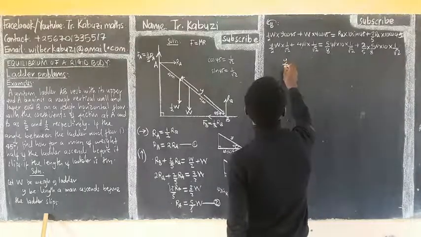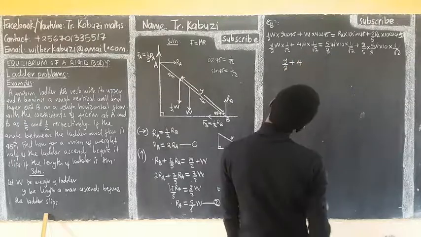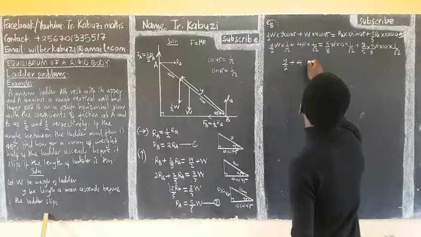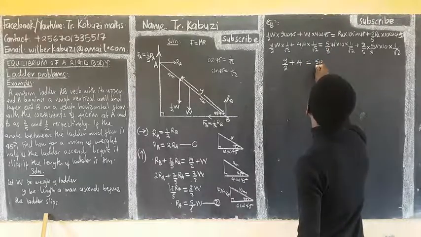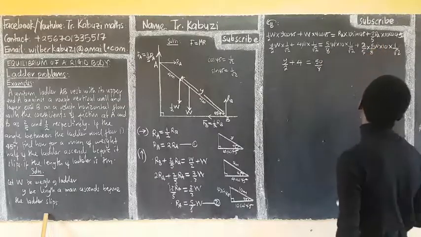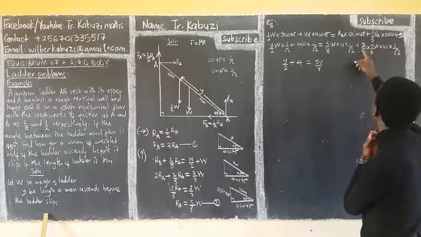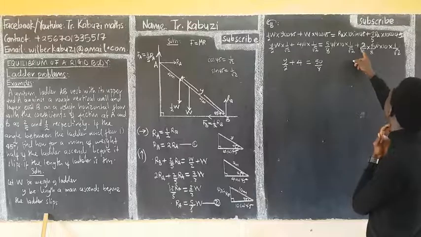We have y over 2 plus 4 equaling, here we have 50 over 8, this times this. Then here, we shall be having this times this.